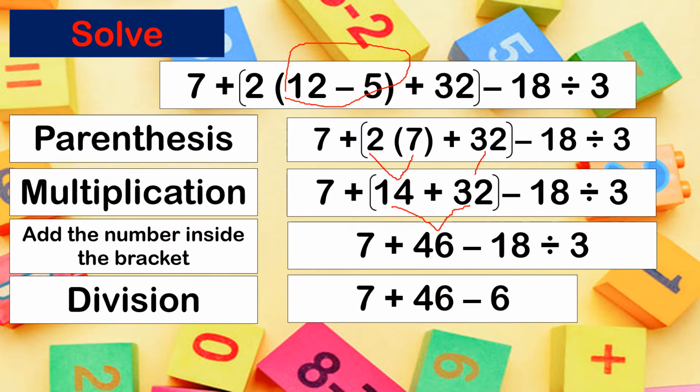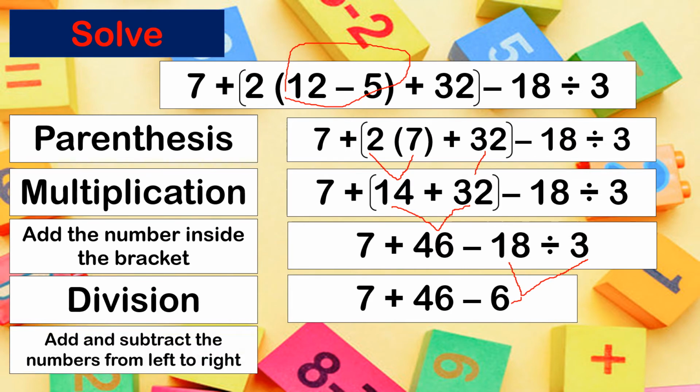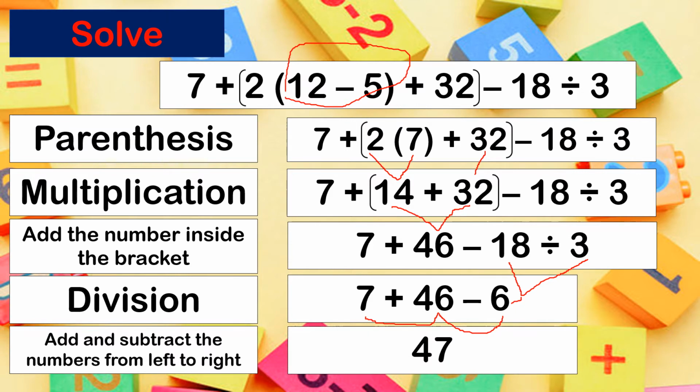So 7 plus 46 minus 6. 18 divided by 3 is 6. Then, add and subtract the numbers from left to right. So 7 plus 46 equals 53, minus 6 equals 47.